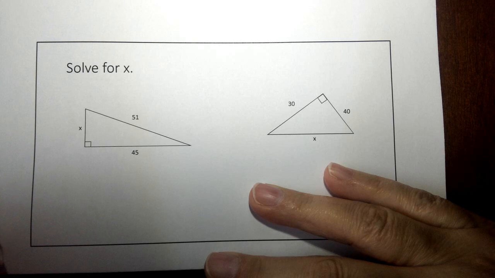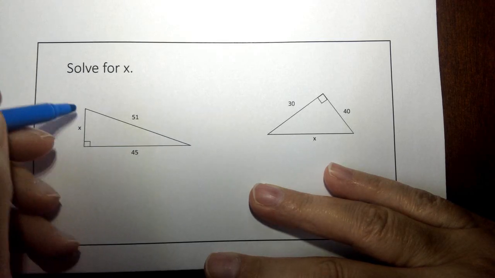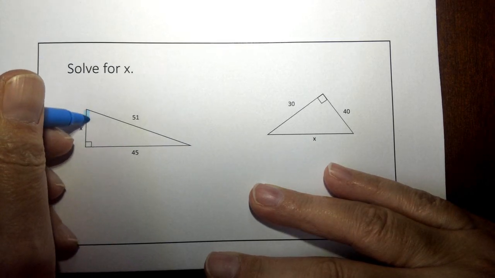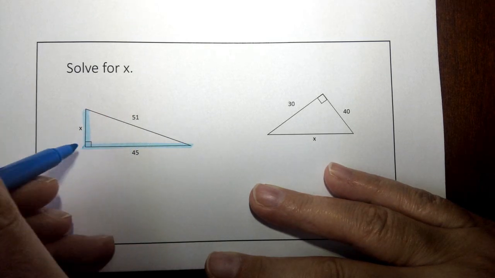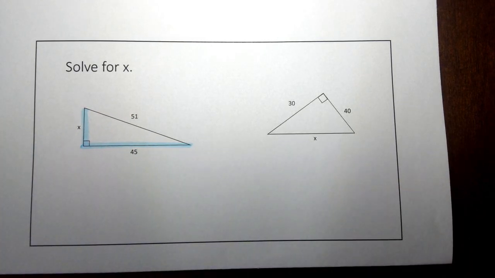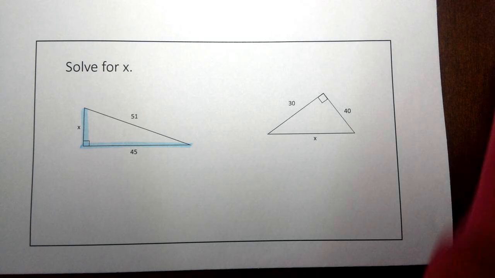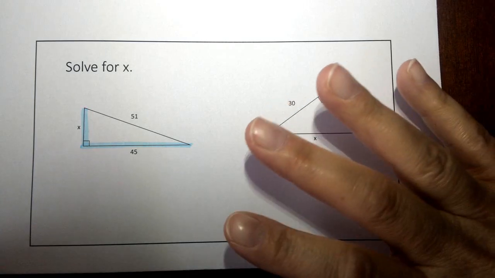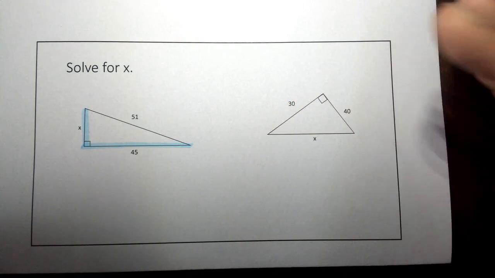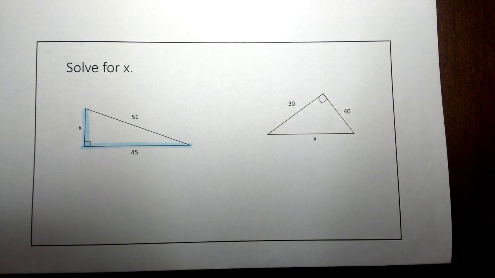So in this first triangle, the legs, the two sides that form the right angle, are X and 45. Make sure you identify clearly which two sides are your legs before you ever start using your formula. The most common mistake students make is mixing up a leg and a hypotenuse in the formula.